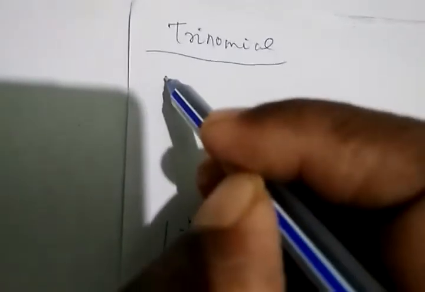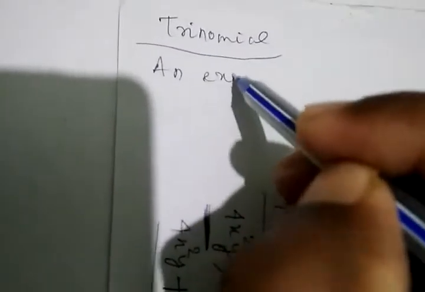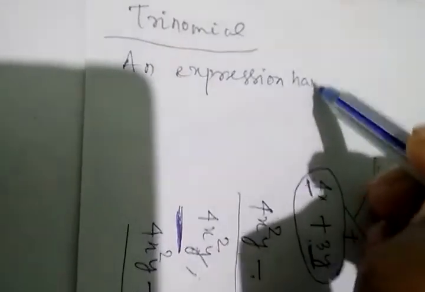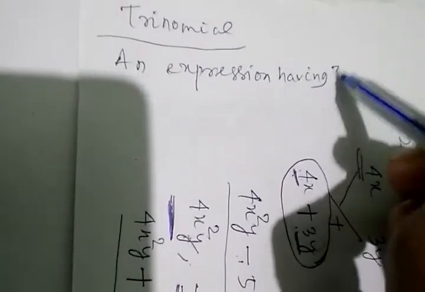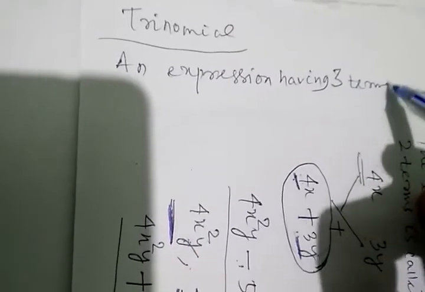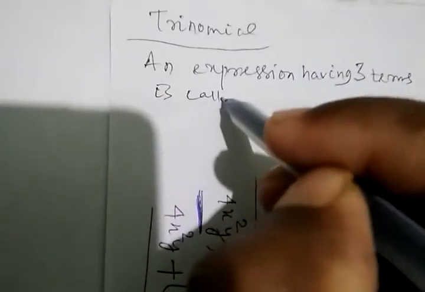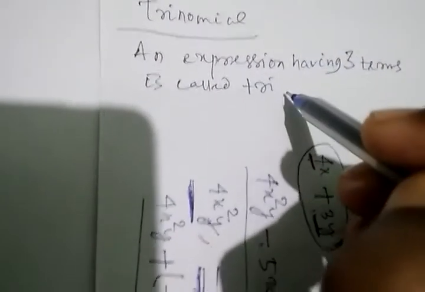Okay. The next thing is the trinomial. What is the definition of a trinomial? The same thing: an expression having three terms is called a trinomial.